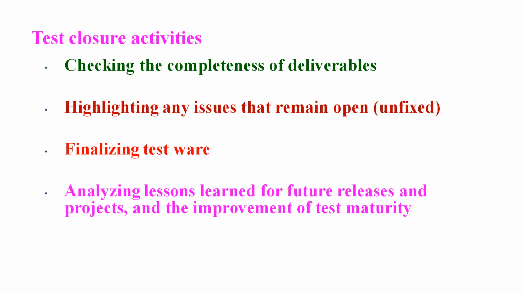And the test closure activities. In this stage, checking the completeness of deliverables. Deliverables we have already discussed. And highlighting any issues that remain open. Issues are also called defects, also called bugs. If any bugs are not fixed, if any bugs are open, what do you mean by open defects? Open defects are nothing but the defects which are not fixed, not resolved by the development team.